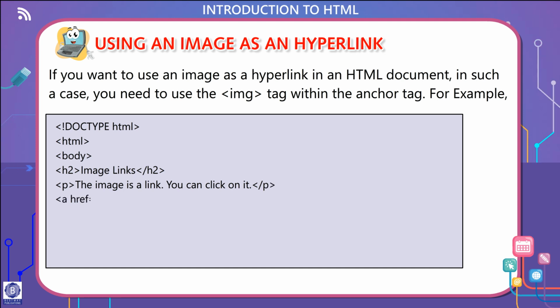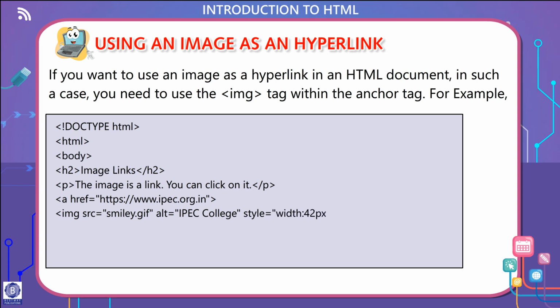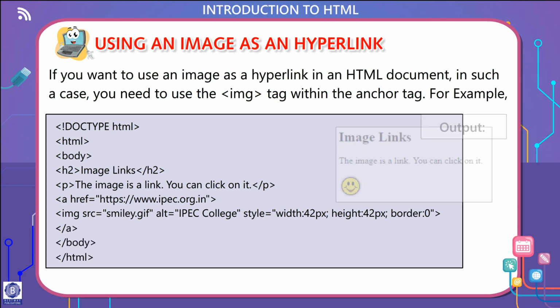a href is equal to "https://www.ipac.org.in" in double quotes, img src is equal to "smiley.gif" in double quotes, alt is equal to "IPAC College" in double quotes, style is equal to "width: 42 pixels; height: 42 pixels; border: 0" within double quotes, /a, /body, /html.